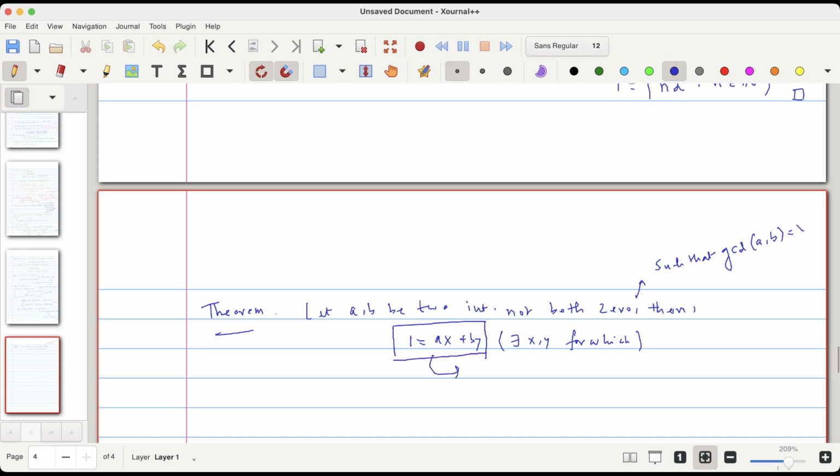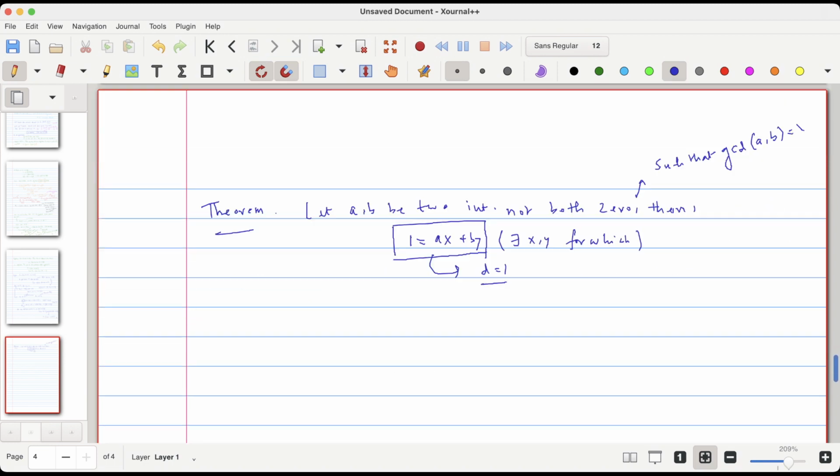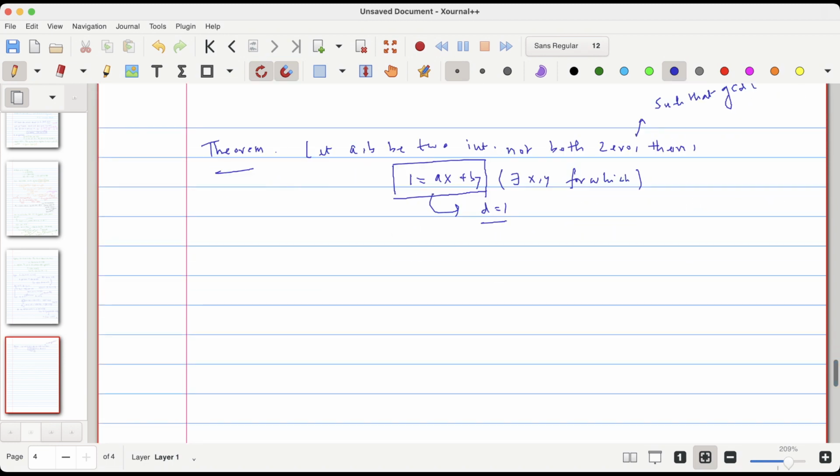It looks pretty similar to Bezout's theorem, where d equals 1. This is a theorem whose proof I will leave to you to try and do yourself.